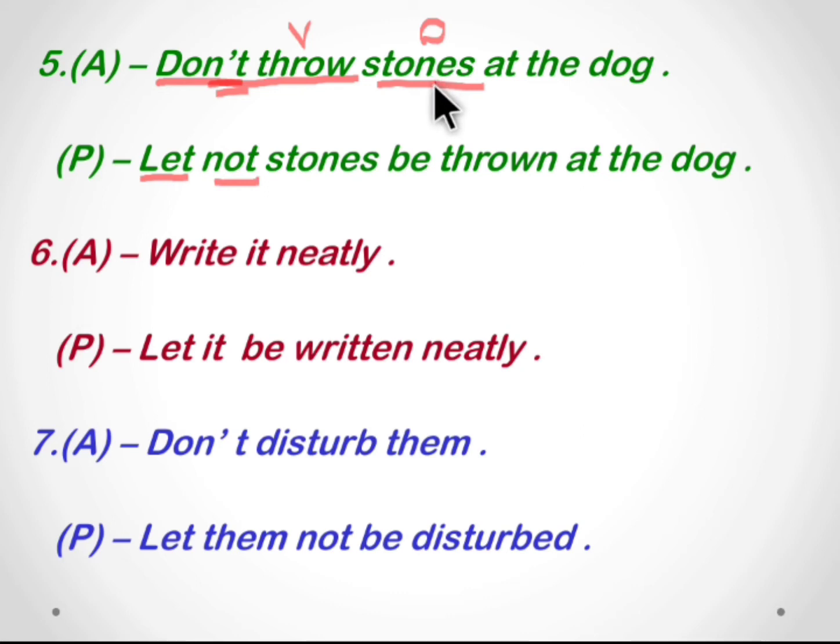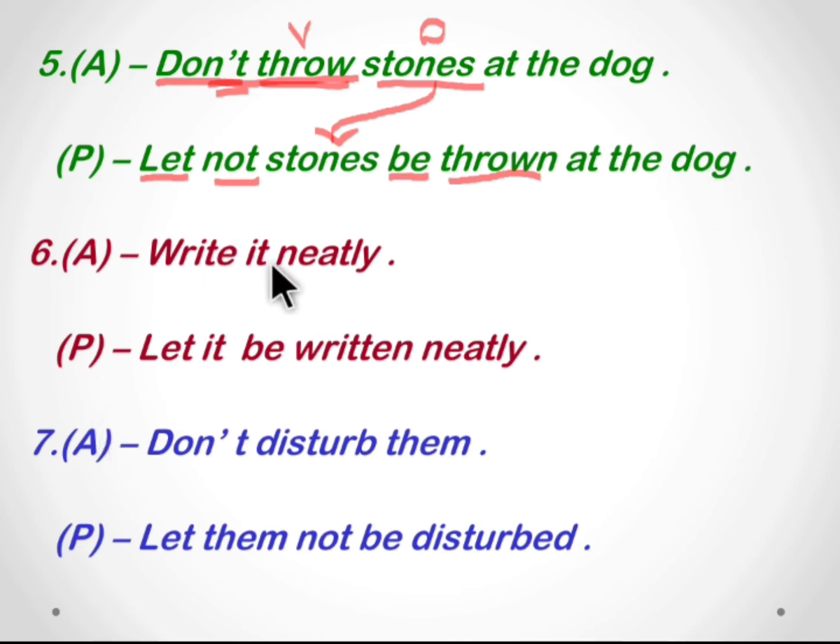Then we bring the object of the active voice as the subject of the passive voice, stones. Let not stones. Then we have the be verb, which is be. The past participle of the verb throw is thrown. At the dogs. Just bring this at the dogs in the same place as it is in the passive voice. Now, the passive voice is let the stones not be thrown at the dogs.